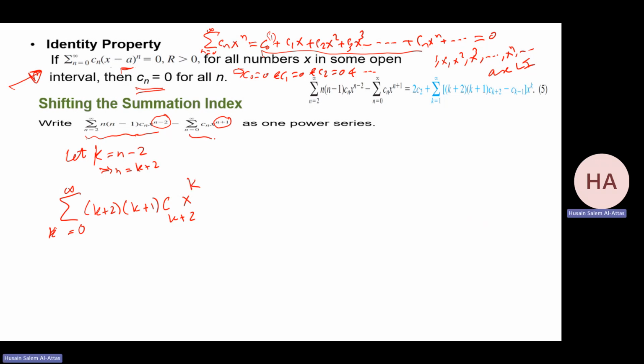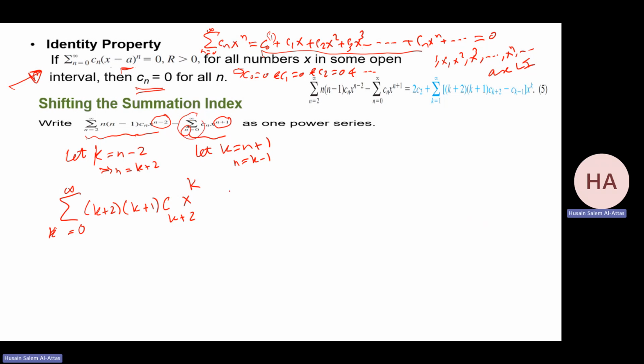I'll do the same thing here, and I will use k. We'll also use the same variable. This is just a summation, so these are dummy variables. If I put g instead of n, or m, anything, it will be the same. So now let k equal n plus 1, so that n equals k minus 1.